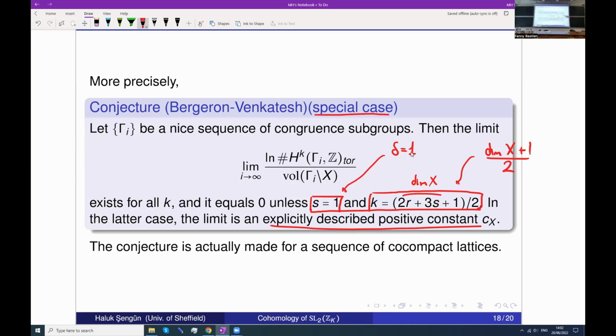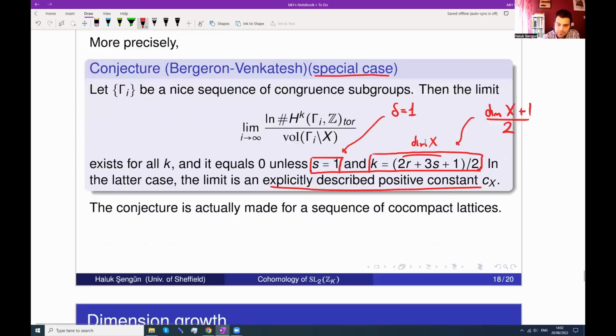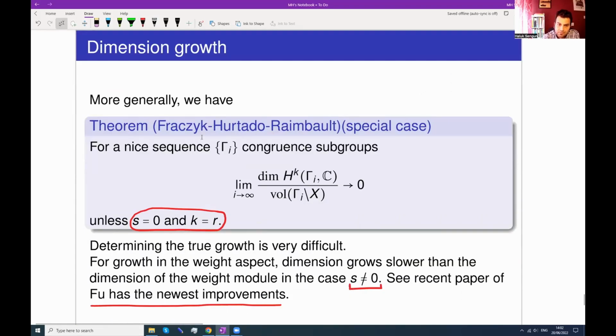Is this known for any special cases yet? Obviously for k equals 0, this is known to be the limit 0, because then it's just Z. But for example, for the cohomological degree, I think that's 2r plus 3s minus 1, is it known there? I'm not sure. I think there's a recent paper of the three people I mentioned here, Frączyk, Hurtado, and Raimbault.